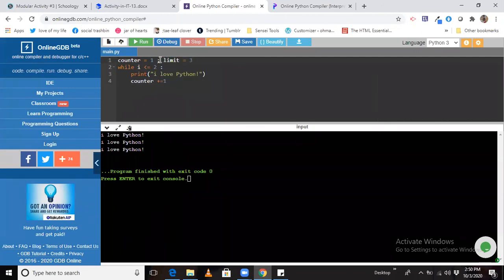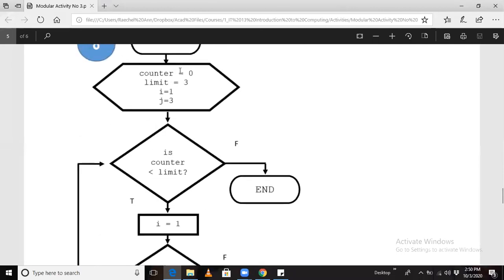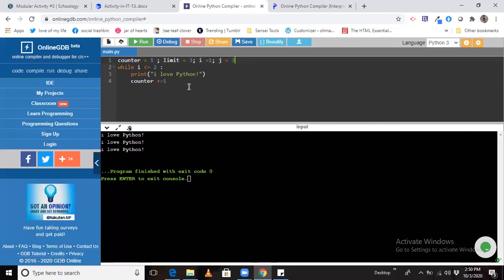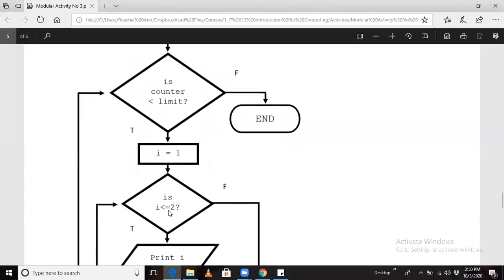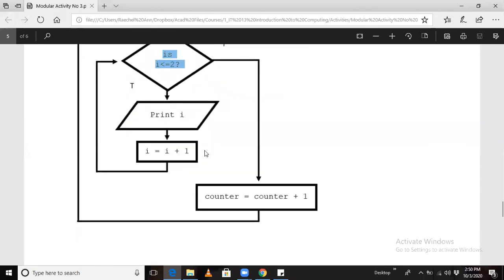And then I is equals to 1, and then J is equals to 3. 0, 3, 1, 3 pala. Okay. And then I is less than or equal to 2. Print I, increment I.